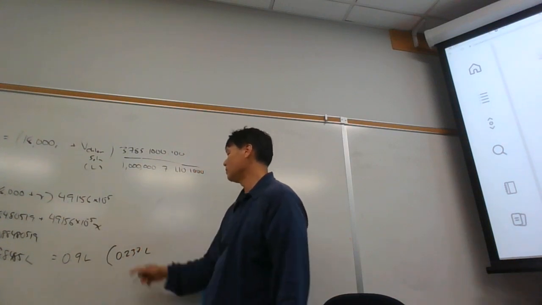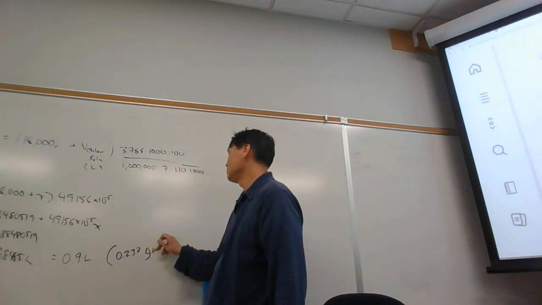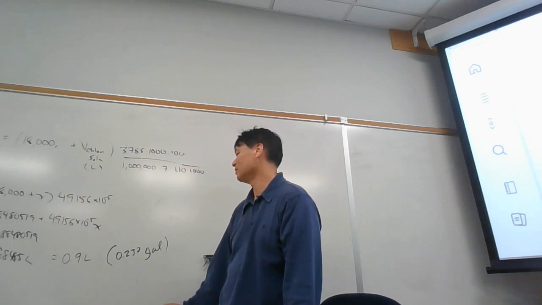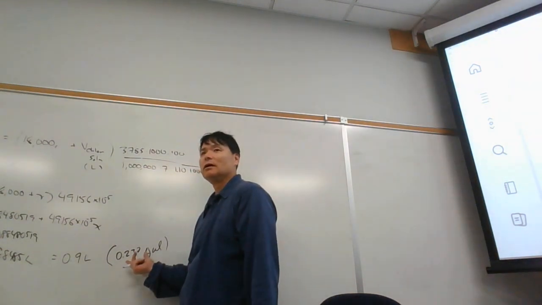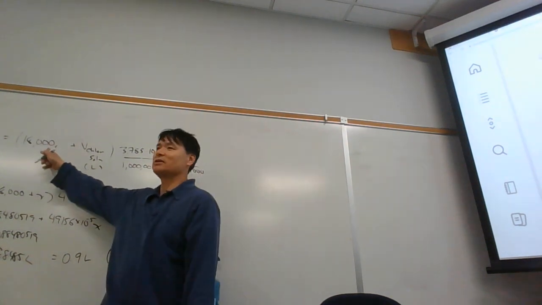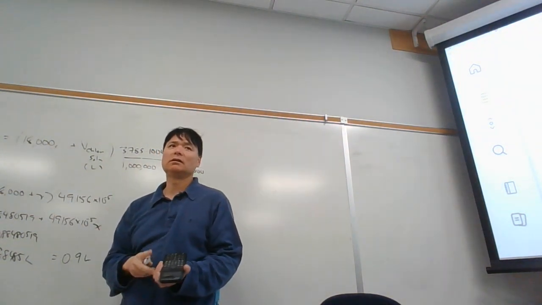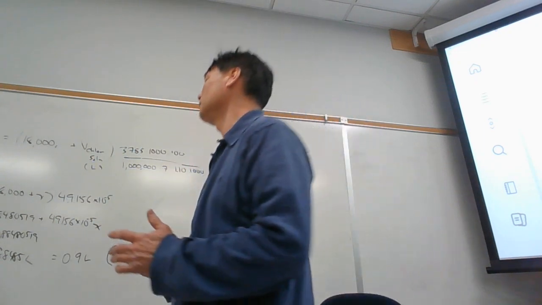So about 0.2 of a gallon, or 0.24 or whatever you want to do. Is that very much? No. If you add 0.2 of a gallon to 18,000 gallons, was there a significant change in the volume? No. There's pretty much an insignificant change in the volume.